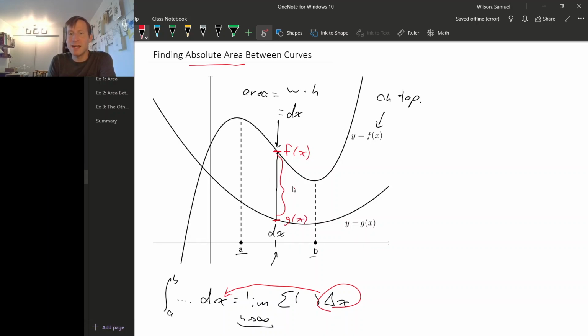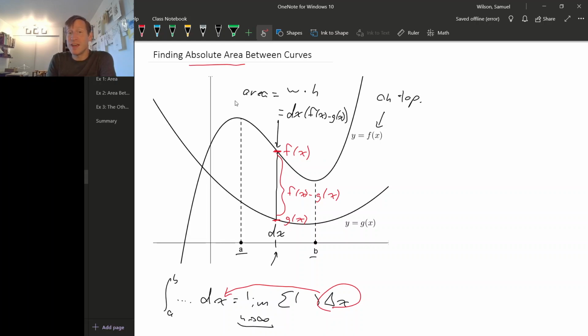That means this height is f of x minus g of x. And it's f of x minus g of x and not g of x minus f of x because f is the one on top. So the fact that f is the one on top is important here.